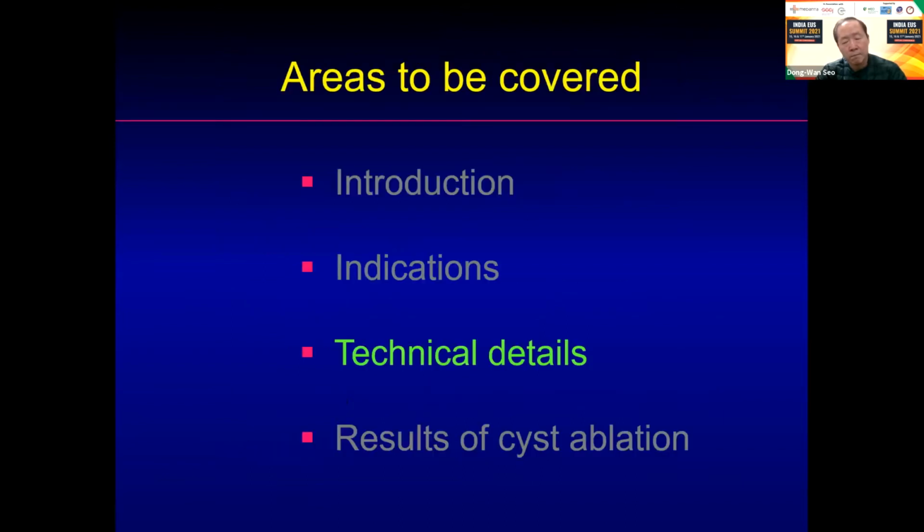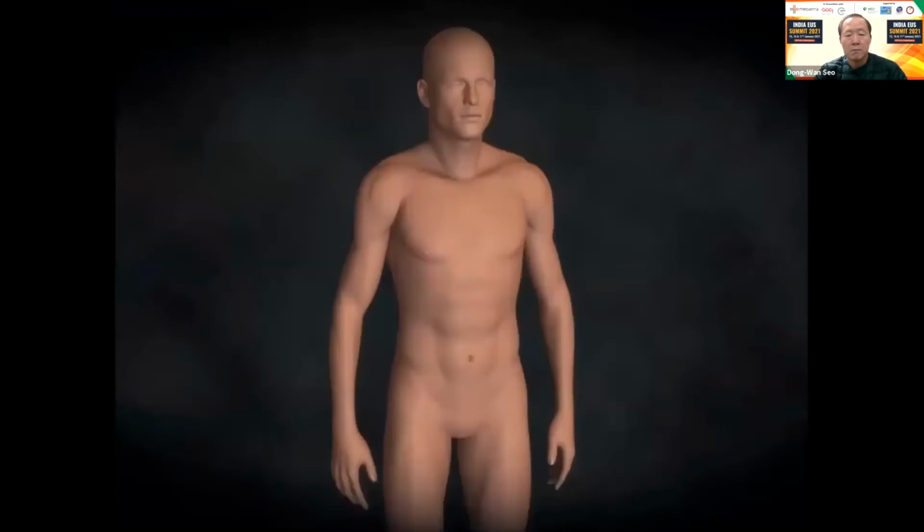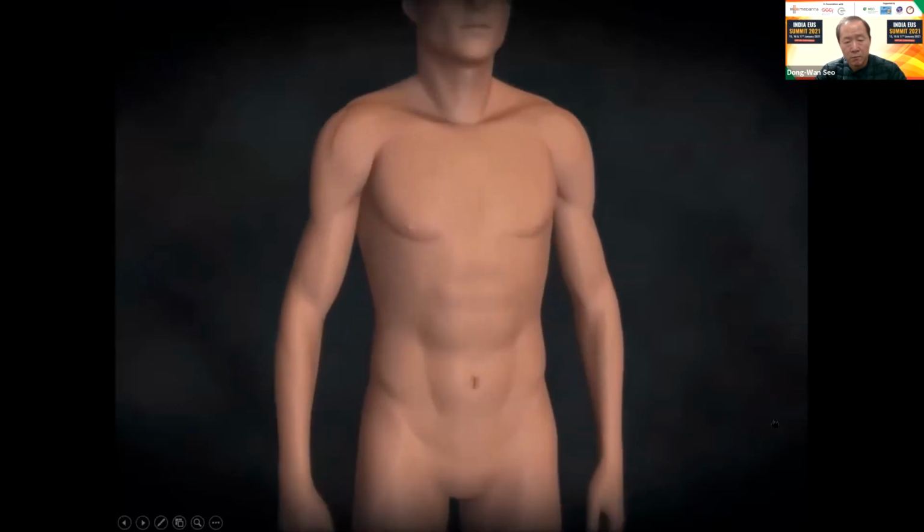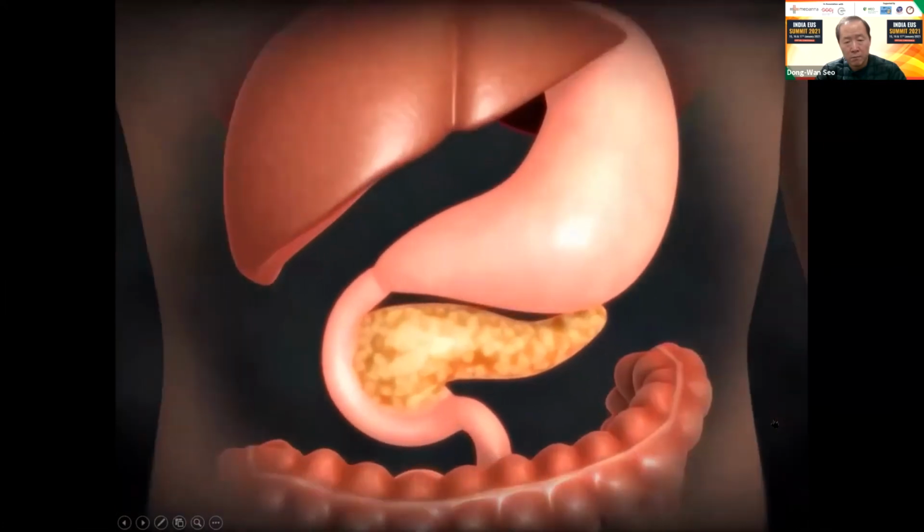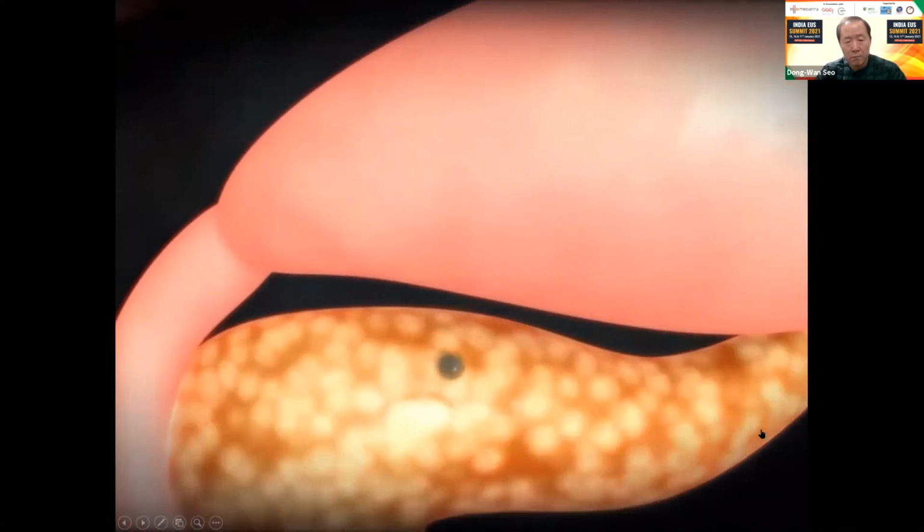Let me move on to technical details of EUS-guided cyst ablation. This video shows the technique of EUS-guided ablation of pancreatic cystic tumor. If there is any growing cystic tumor in the pancreas, we can use EUS for delineation of the lesion.